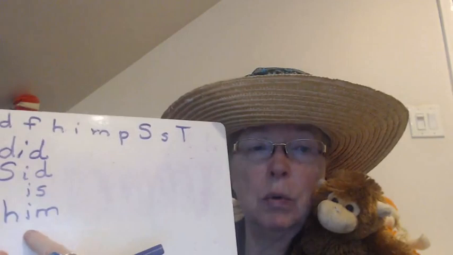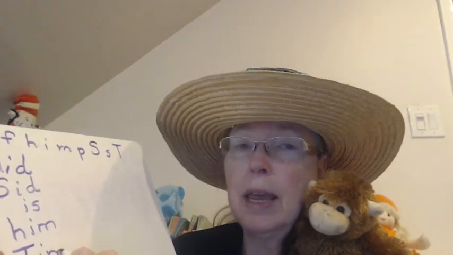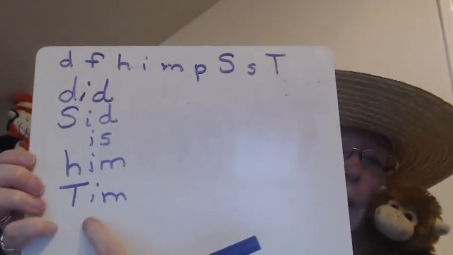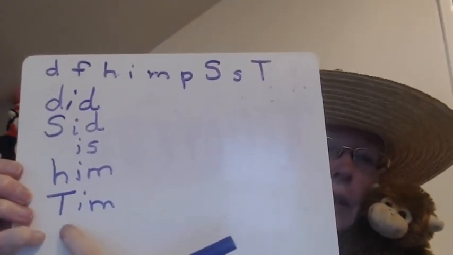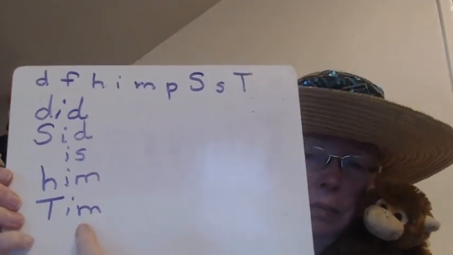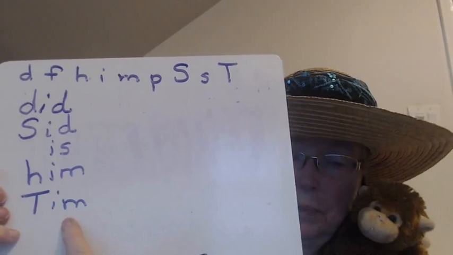Now we're going to replace the H with an uppercase or capital T. We're going to have another name. This name is Tim. So in the story, you're going to have Sid and Tim, 2 characters in the story.